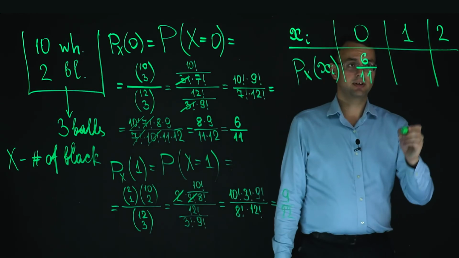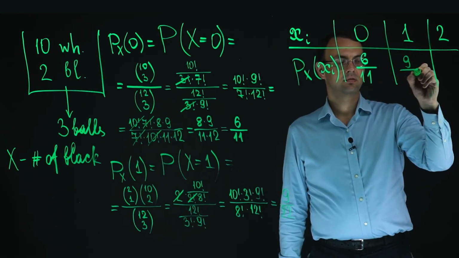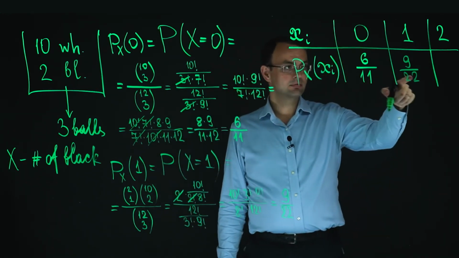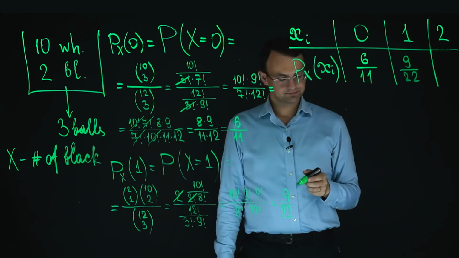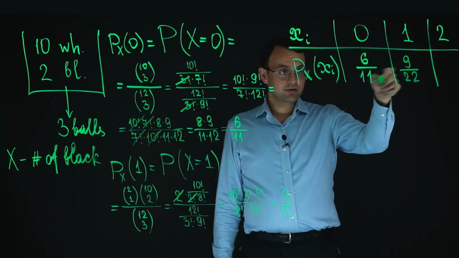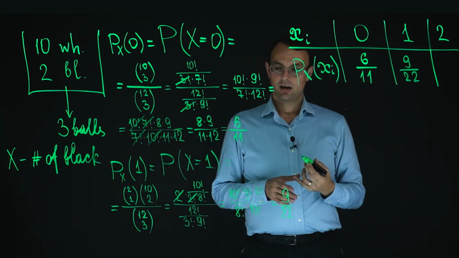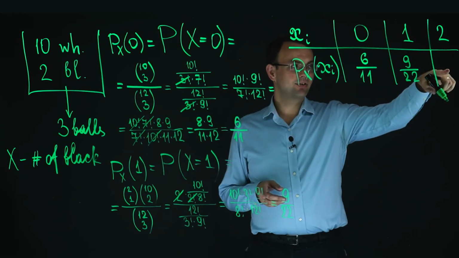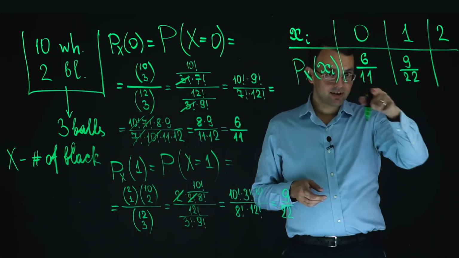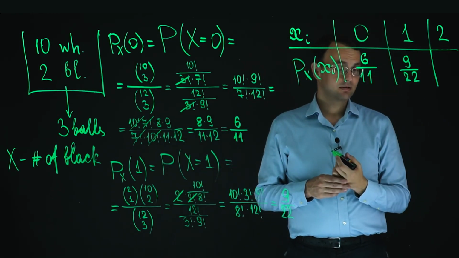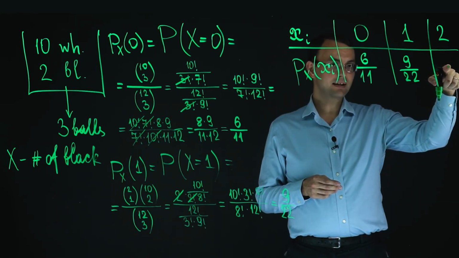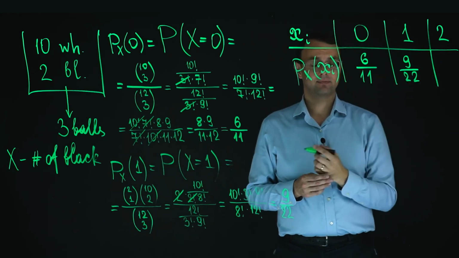So this is the second probability. And after these two have already been found, we don't need to calculate the third one in a similar manner, because the sum of these three probabilities is to be equal to 1. So this one is just 1 minus this minus this.